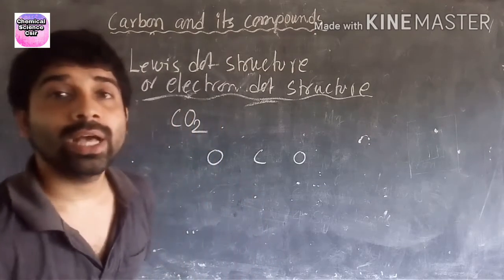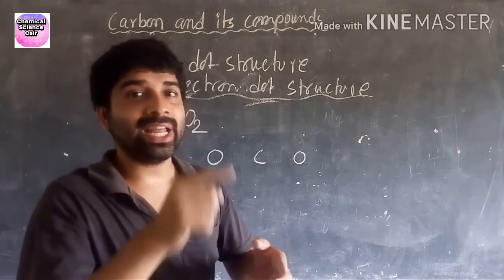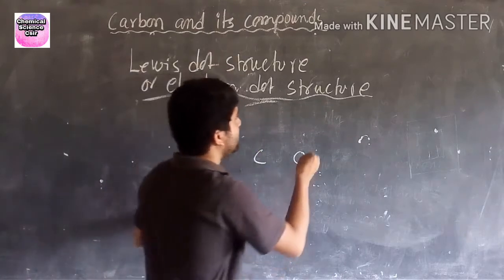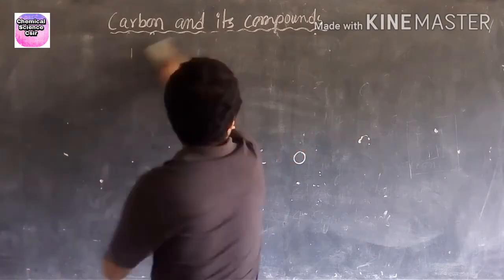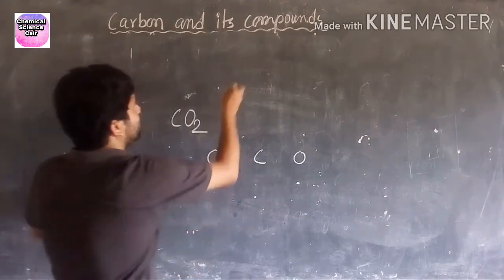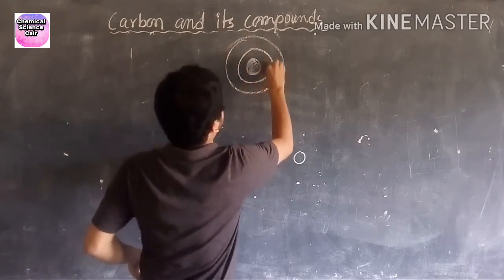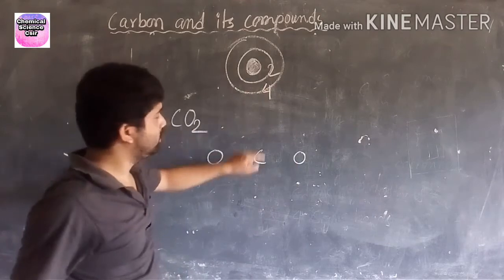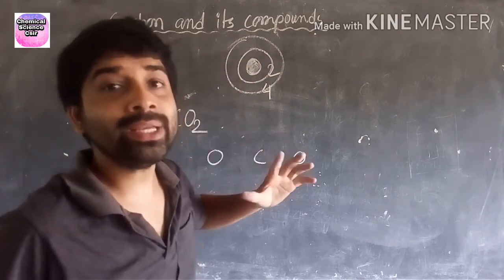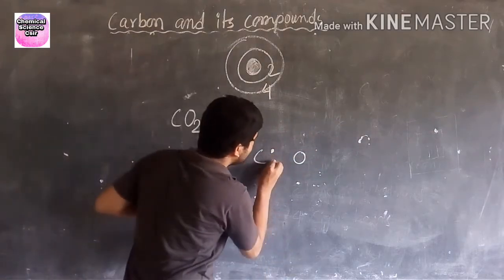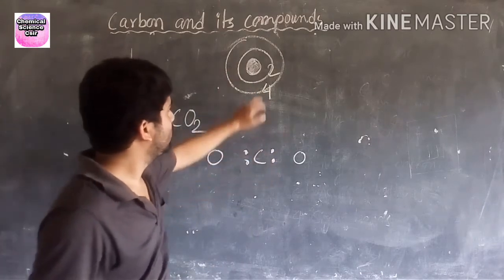According to the Bohr model, with the nucleus, the first shell has 2 electrons and the second shell has 4. How many electrons are in the outermost shell? 4. Then 1, 2, 3, 4, like this. So this is for carbon.